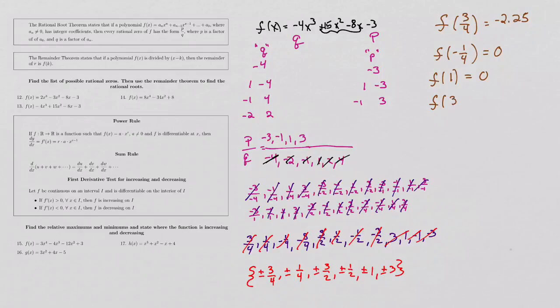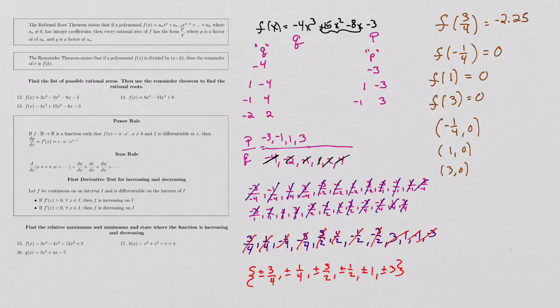So that actually tells me, to be able to factor this, or at least to find my actual zeros, my points are -1/4, 0; 1, 0; and 3, 0 on my graph.